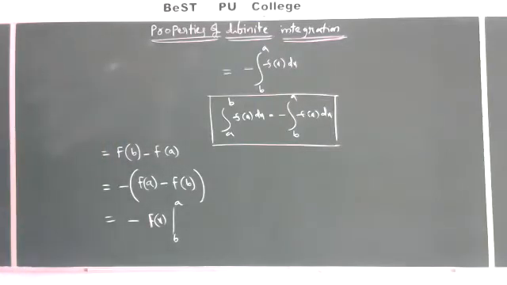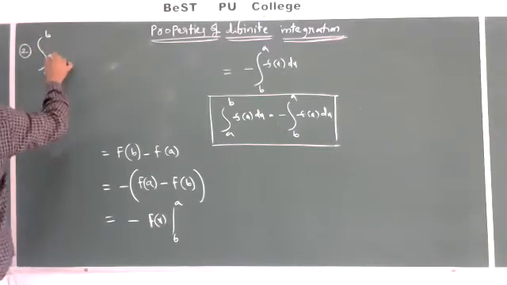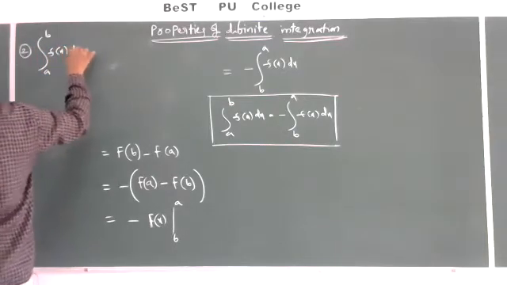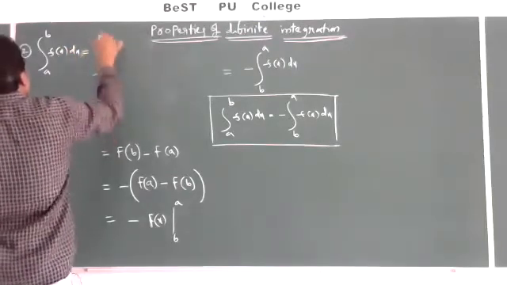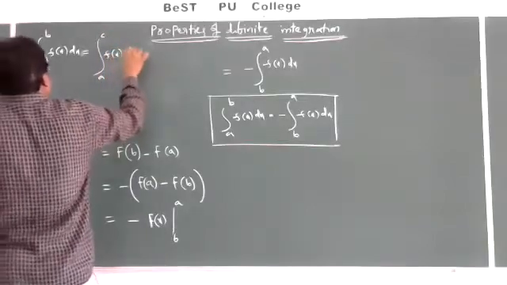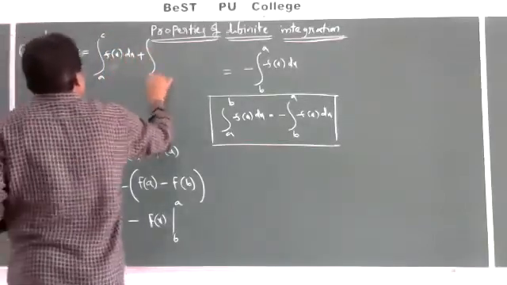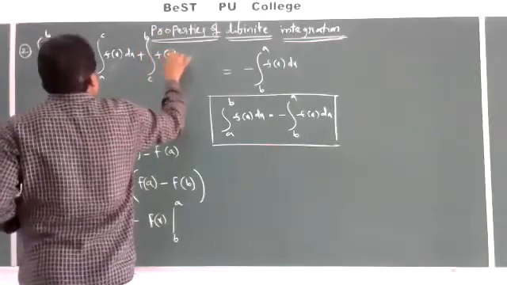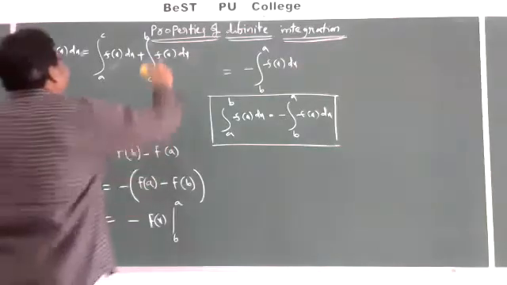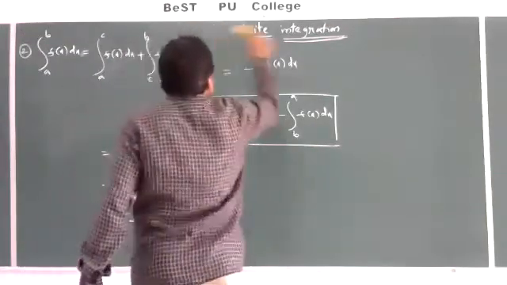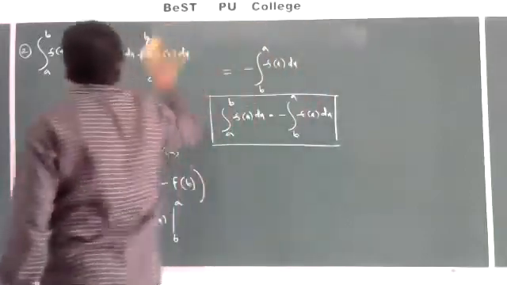Second property: integral a to b f of x dx is equal to integral a to c f of x dx plus integral c to b f of x dx, where c is in between a and b.